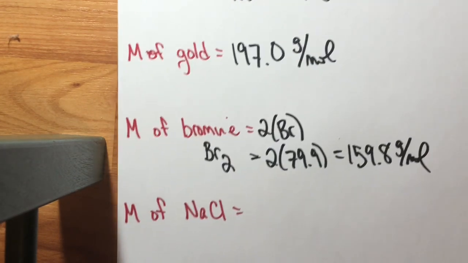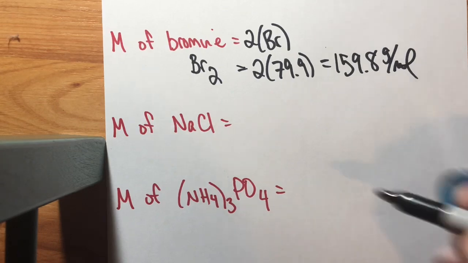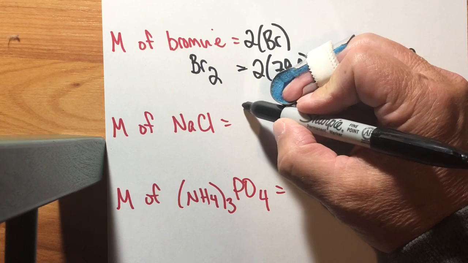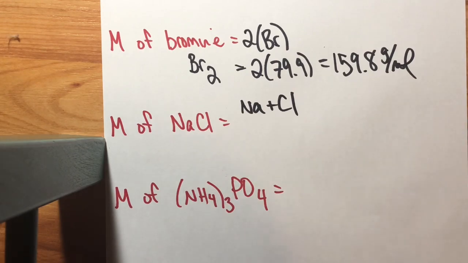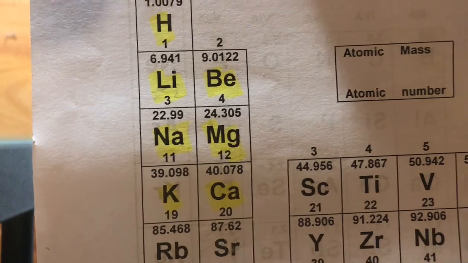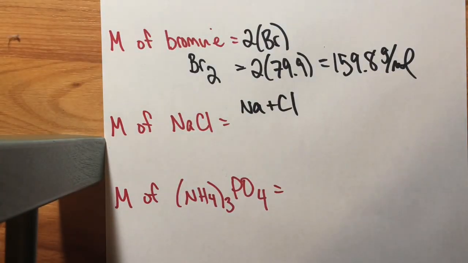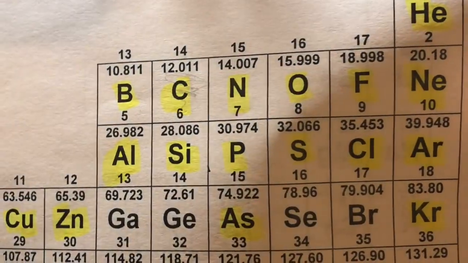Okay? Now, compounds. What you have to do here, you can really do this in 3 steps. So the first step is I want to know what elements make up the compound and how many of each. You had to do this in your bonding assignment anyway. So this one here, I know I have a sodium and a chlorine to make this up. So then I look on my periodic table, and sodium is 23.0, and I'm also going to look up chlorine, where the 5 is going to make the 4 into a 5, so that's 35.5.